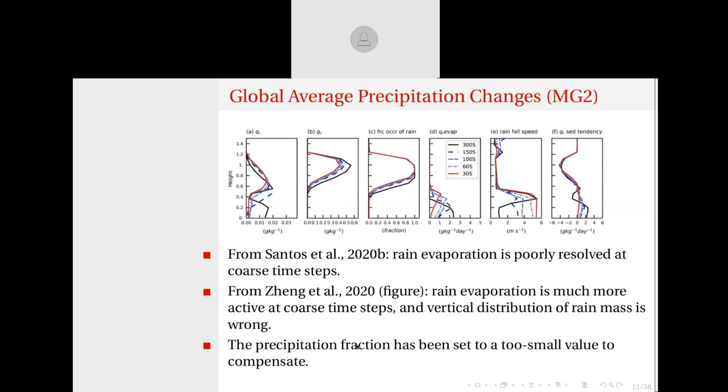And what seems to have been done to get things to roughly balance in the global climate is to set the precipitation fraction to a too-small value to compensate. So this is a parameterization of how much area the precipitation covers in the grid boxes, which is really supposed to be dealing with the horizontal resolution, and you're also modifying it to deal with this issue related to the time step. And so you can get the global averages in terms of precipitation rates to be roughly right that way. But when you look at the details, like the vertical distribution of rain mass, it's not so good.